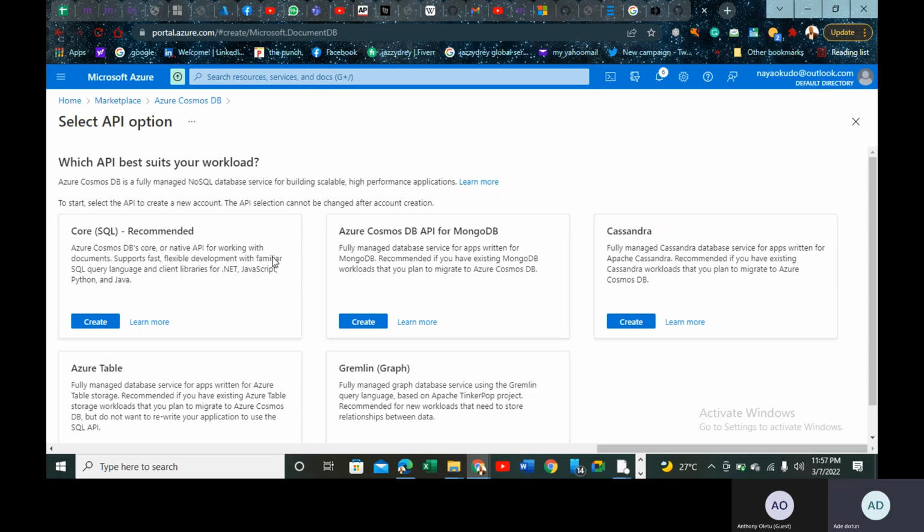From here we can deploy Core SQL, Cassandra, Table, Gremlin. You can pick any one, just pick anything.